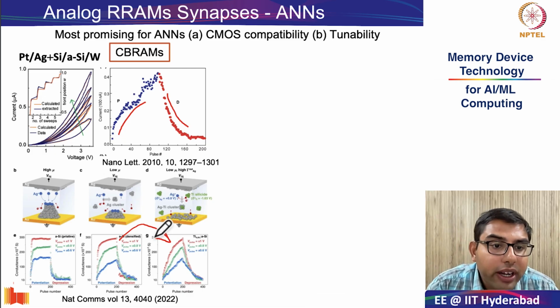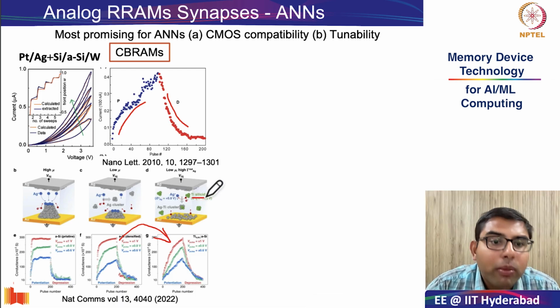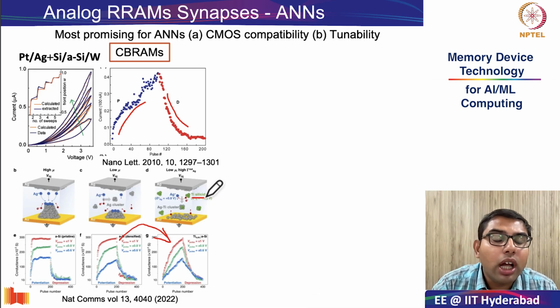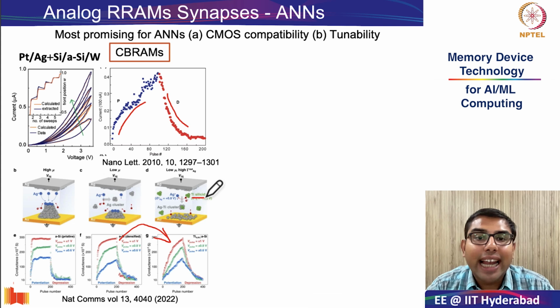So in this particular work, this was achieved by adding some titanium inside the silicon material, and that plays with the oxide defect density, thereby changing the ion dynamics inside this solid electrolyte.